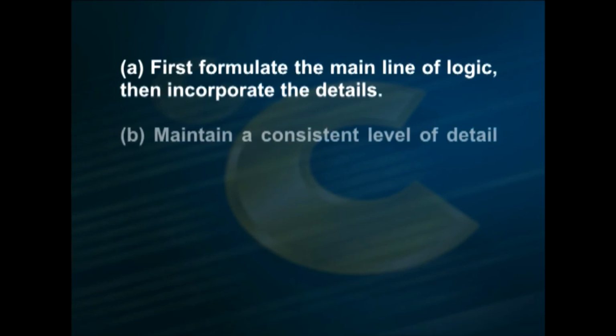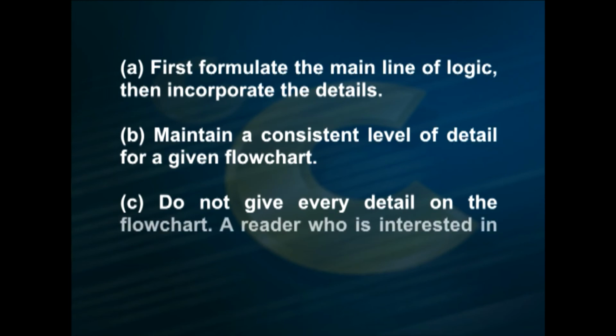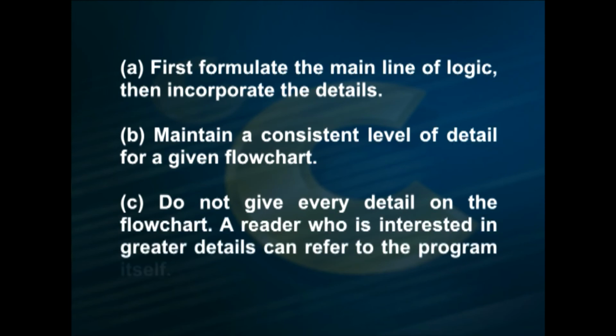The general tips to be considered while designing a flowchart are as follows. The first one is, first formulate the main line of the logic, then incorporate the details. Second, maintain a consistent level of detail for a given flowchart. Next, do not give every detail on a flowchart.